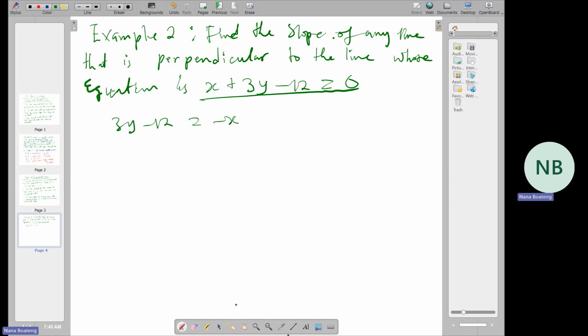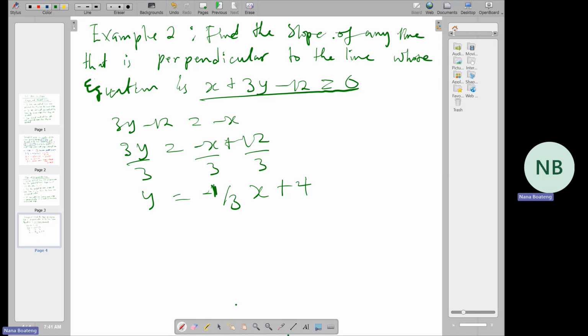If we add 12 to both sides, then we have 3y is equal to -x plus 12. And if we divide through by 3, then we have y is equal to -1/3 x plus 4.